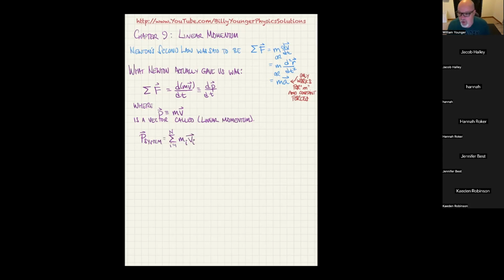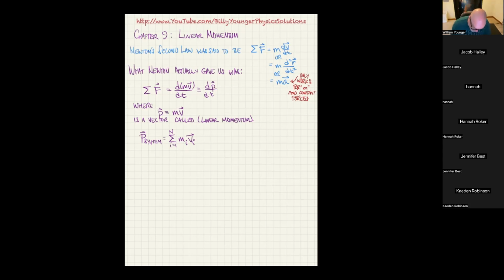So you could just add all of them up, and then you get another equation: the summation of the forces acting on the whole body is equal to d by dt of this quantity momentum. Okay, so this is actually the formal correct version of Newton's second law. It's F is equal to dp dt. There's some things you can get from that.